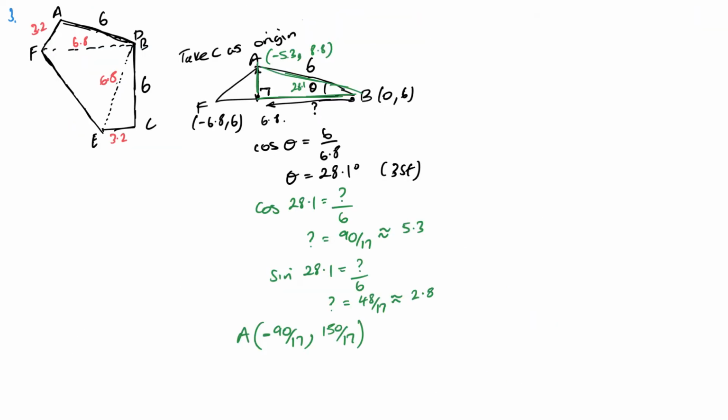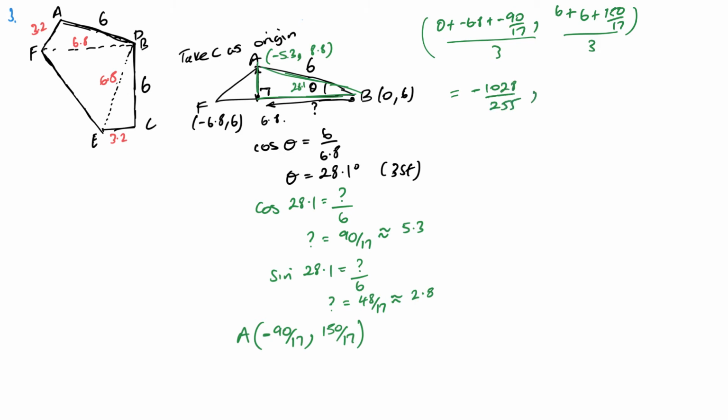So first triangle now, adding up my x values, we've got 0 plus minus 6.8 plus minus 90 over 17. And then we've got 6 plus 6 plus the 150 over 17. And of course, each of those are divided by 3. And that gives me minus 1028 over 255.